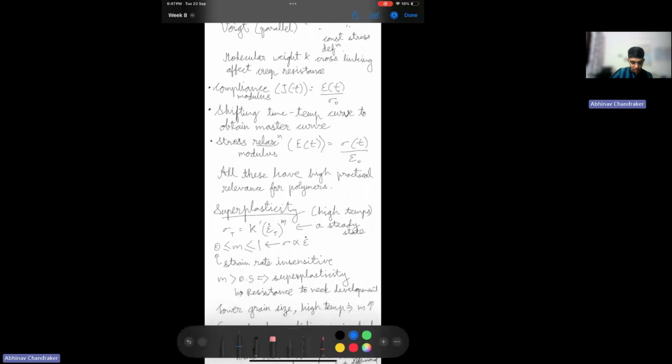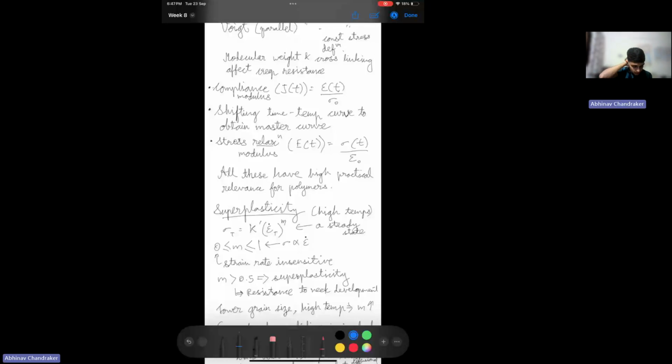Also, we have this concept of master curve, sir has taught it, where you can use some portions of the time-temperature curve, and by using some empirical methods or a clever approach, try to get the curves for the whole portion.